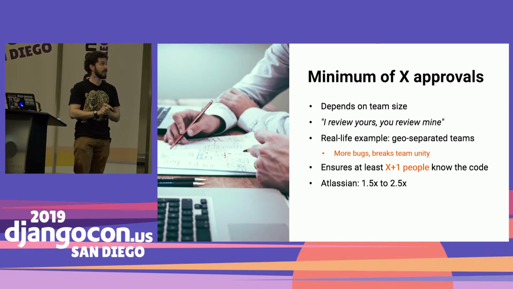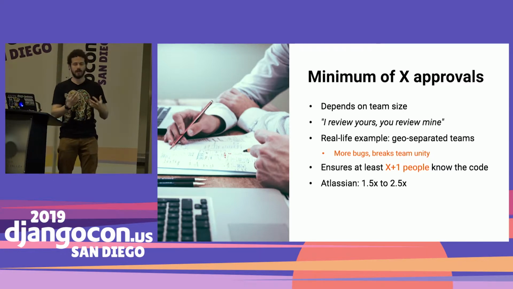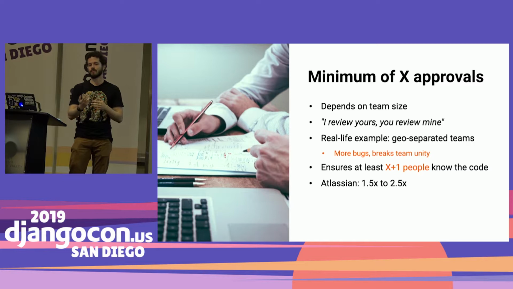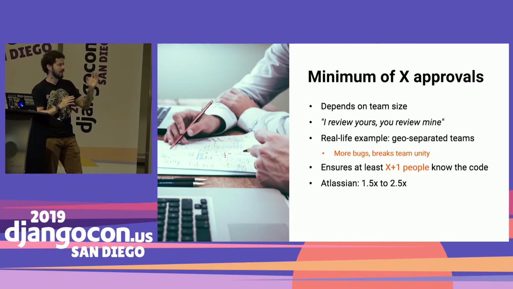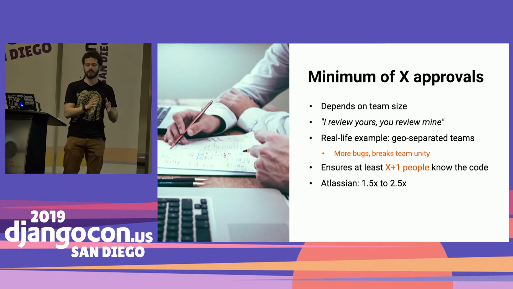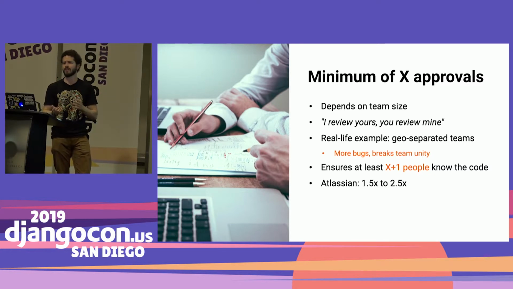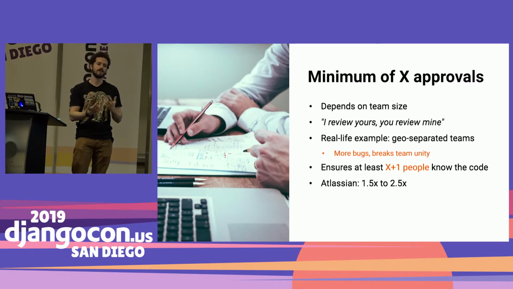Another good practice is having a minimum of X approvals. Of course it depends on the team size, but the idea is to avoid scenarios where you say, oh, I review your code, you review mine, we both approve each other's code, and that's okay, let's go home. I do have a real life example of that. I used to work at a company that had geographically separated teams, and something happened with the team that was in the other country, where they would review their own code without passing it through us, which was not the policy that we had established.